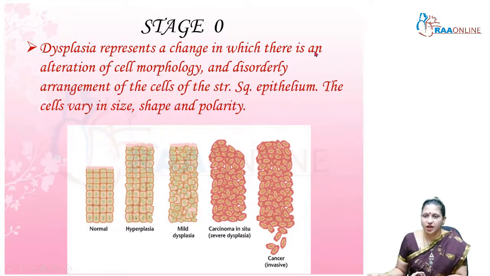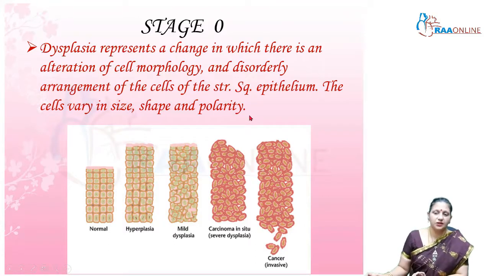Dysplasia represents a change in which there is an alteration of cell morphology and disorderly arrangement of cells of the stratified squamous epithelium, and the cells may also vary in size, shape, and polarity. Polarity refers to the arrangement of the nucleus in the cell, and as we can see, as the cells become more dysplastic, they become varied in size and shape and also in the arrangement and polarity of the nucleus.